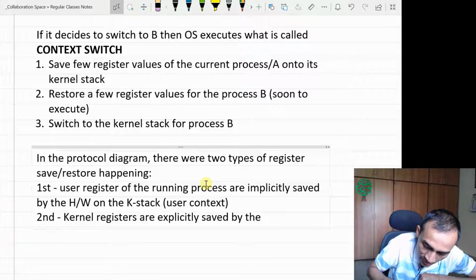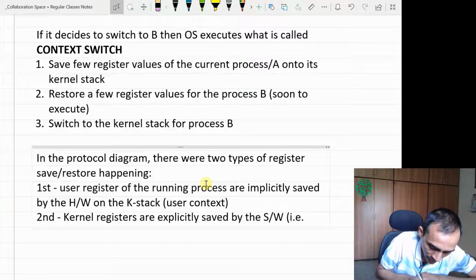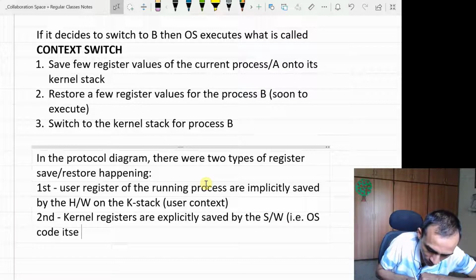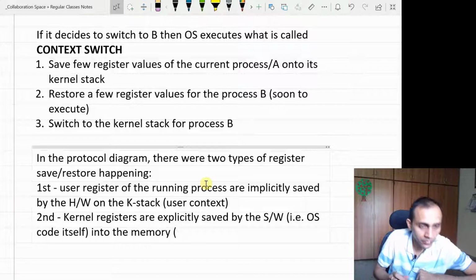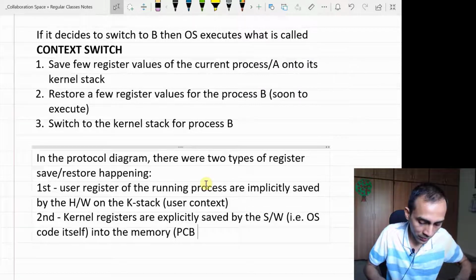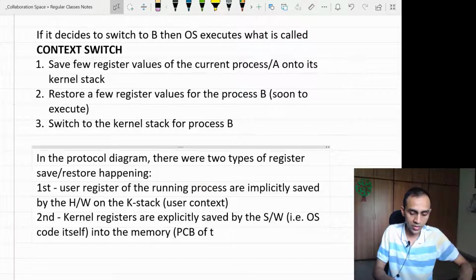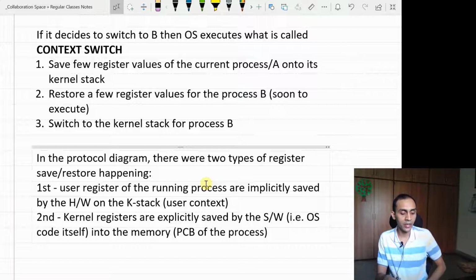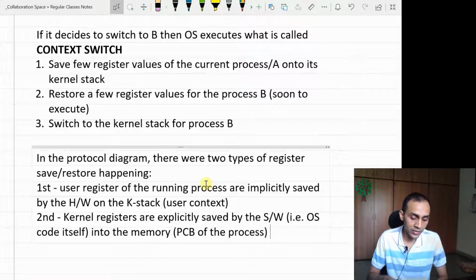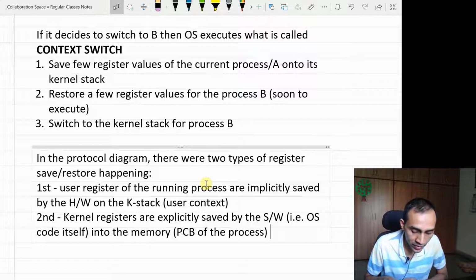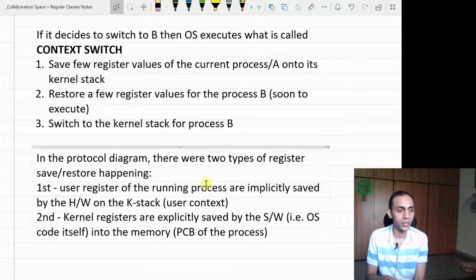This is being done by the OS code itself, into memory, which is basically the PCB of that process. So the second type of save and restore happens slightly differently: the kernel registers are explicitly saved by the OS into the PCB of that process.